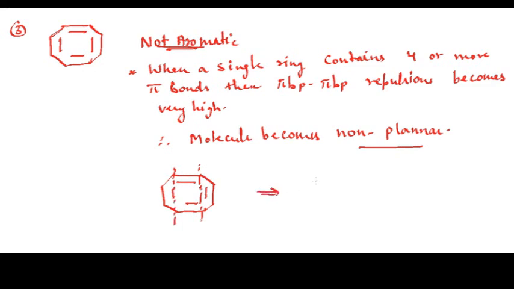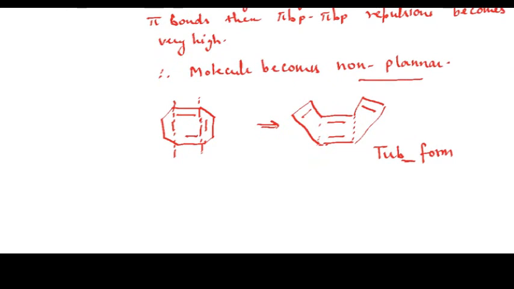That means when it folds, this part will remain in the plane containing the pi bond, whereas the other part will turn above like this, and here one more part that was present will turn above like this. So this converts into a tub form or tub shape. So this is what happens in this particular molecule, and hence it becomes non-planar.